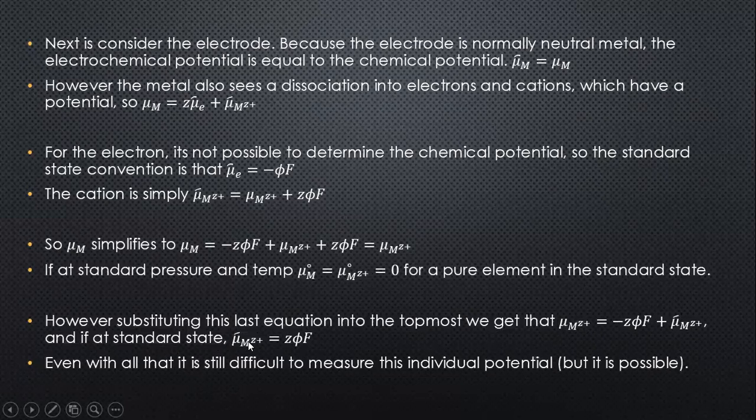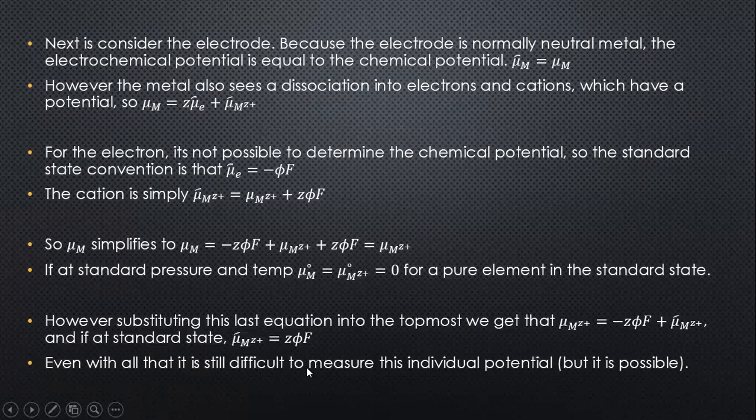And at standard state, it's just going to be the standard state chemical potential of the metal cation, mu naught, and so the electrochemical potential of the metal cation is equal to the charge times the chemical potential in Faradays. So saying that at standard state, the ECP of the cation is the number of electrons transferred times a constant times the chemical potential, which we can measure.